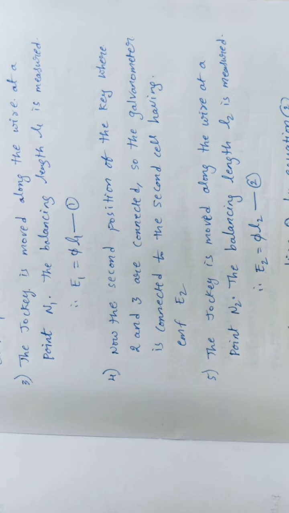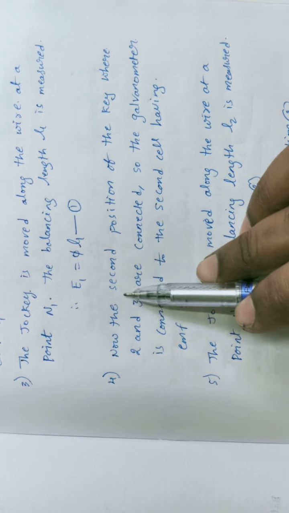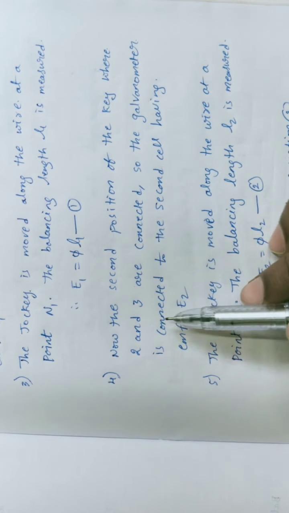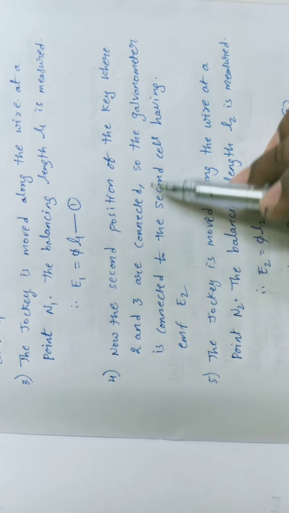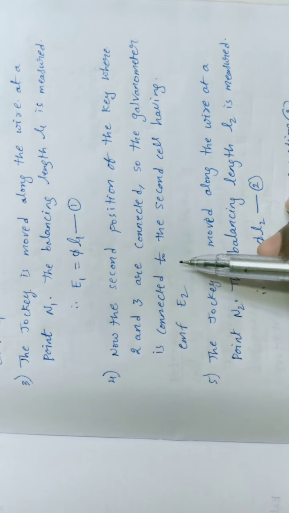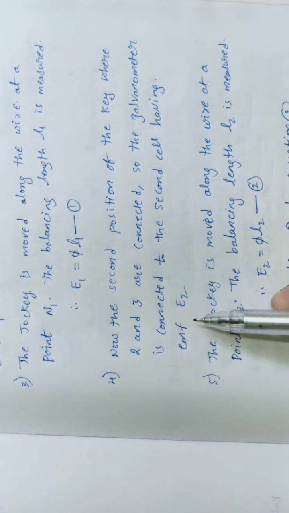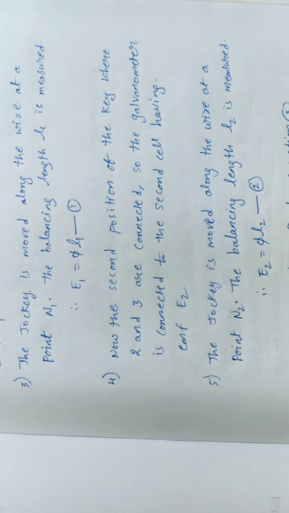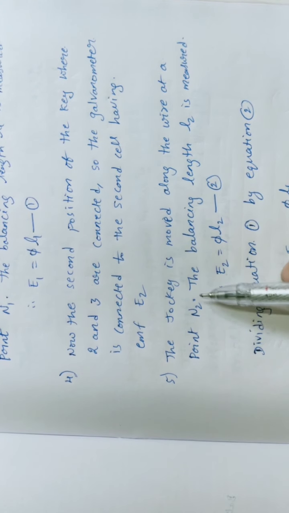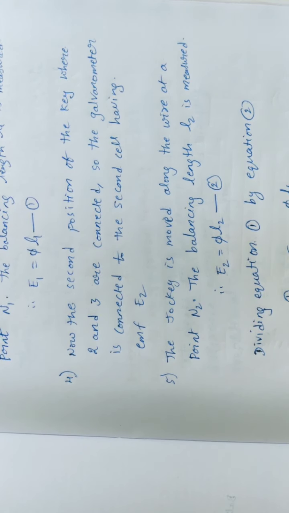In a similar manner, now the second position of the key, where 2 and 3 are connected, so the galvanometer is connected to the second cell having EMF E2. Now when the jockey is moved along the wire to a point N2, we get a null point, that is N2.